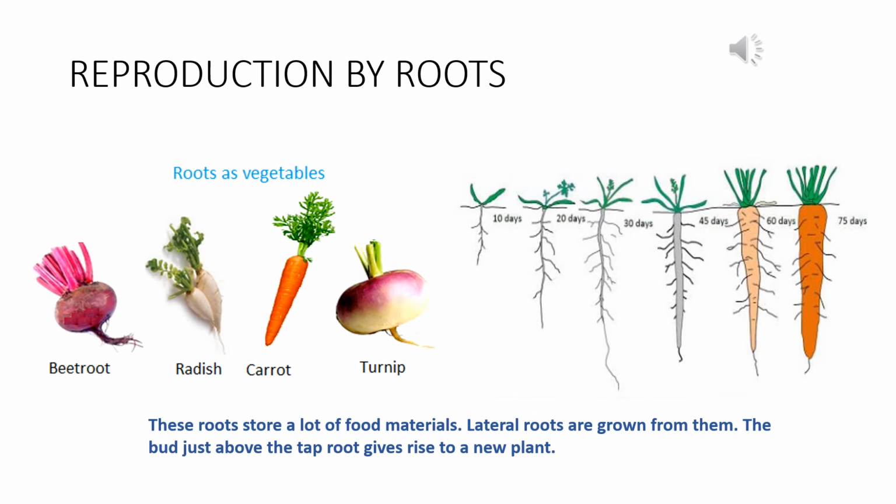They are the main taproot system, and the bud just above the taproot gives rise to a new plant. So whenever we have a carrot and we plant it in the soil and water the soil, a new plant will grow from the carrot. Carrot, beetroot, radish and turnip are all vegetables, but they are modified roots from which new plants can be grown.